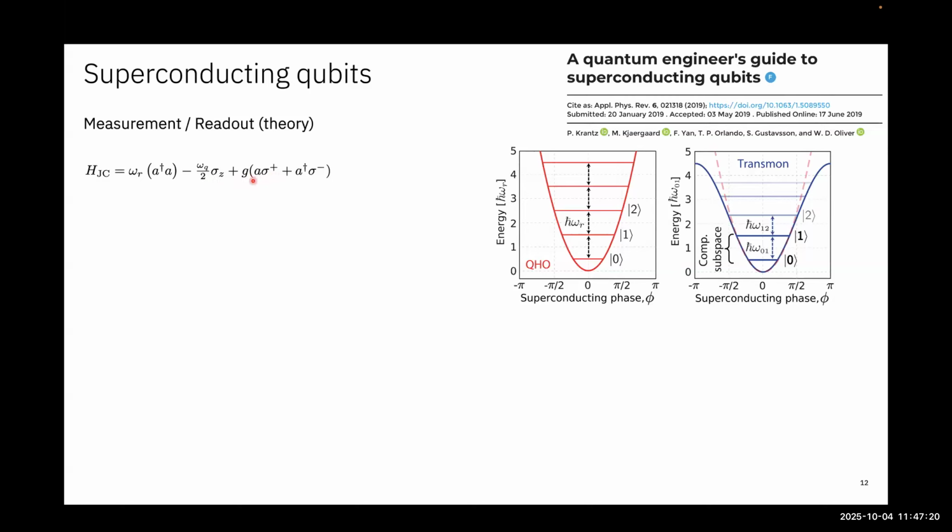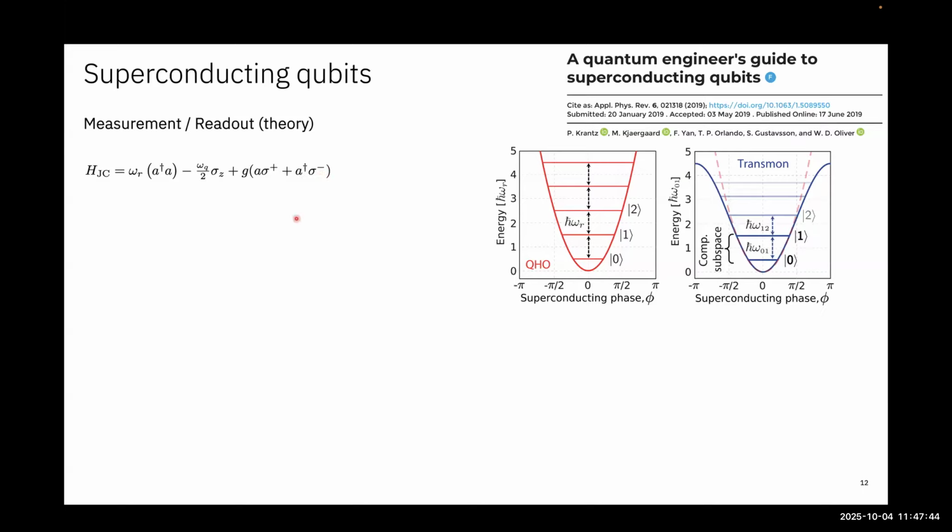Here a and a dagger are the lowering and raising operators for the resonator, and sigma plus and sigma minus are the raising and lowering operators for the qubit. So when your cavity loses a photon, your qubit gets a photon. When your cavity gets a photon, your qubit loses a photon.